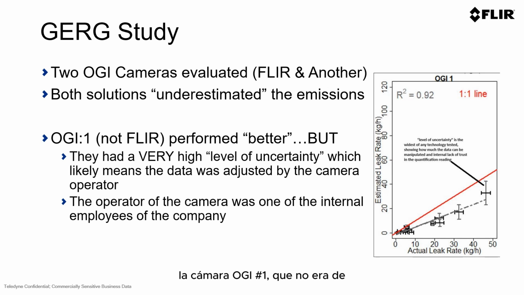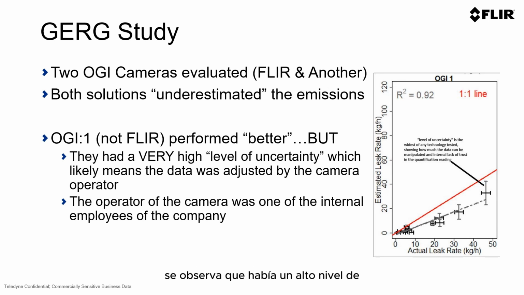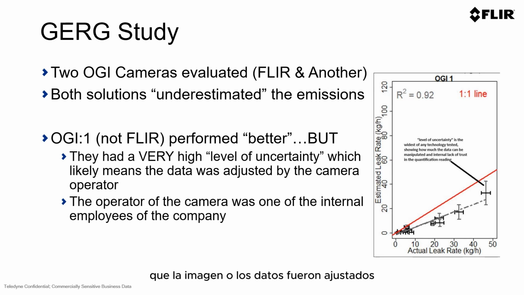In the study, OGI camera number 1, which was not FLIR, but another manufacturer, performed better according to the study's words, but as you research the study, they had a very high level of uncertainty, which potentially could mean that the image or the data was adjusted by the camera operator. In this study, the camera was operated by one of the manufacturer's engineers rather than just a field operator, like would be common in the field and as a true user of an OGI camera.